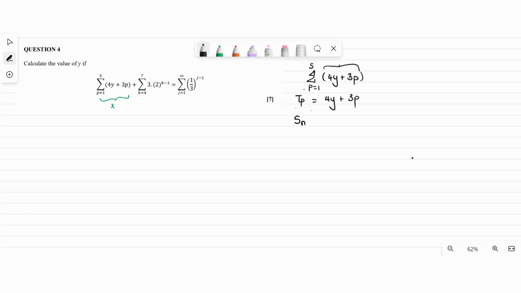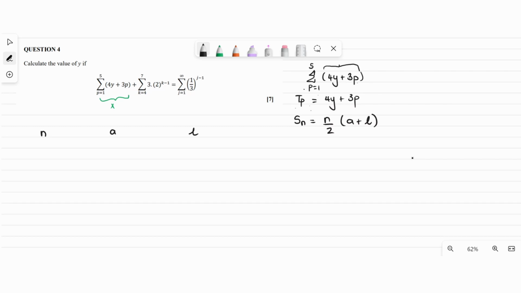So to find Sn in this case, since it's an arithmetic sequence, I'm going to use the formula that has the first term and the last term. So we're going to say n divided by 2, open bracket, a plus L. So we need n, we need a, and we need the last term.